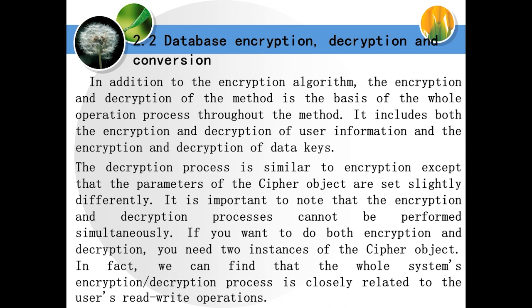It is important to note that the encryption and decryption processes cannot be performed simultaneously. If you want to do both encryption and decryption, you need two instances of the cipher object. In fact, we can find that the whole system's encryption-decryption process is closely related to the user's read-write operations.